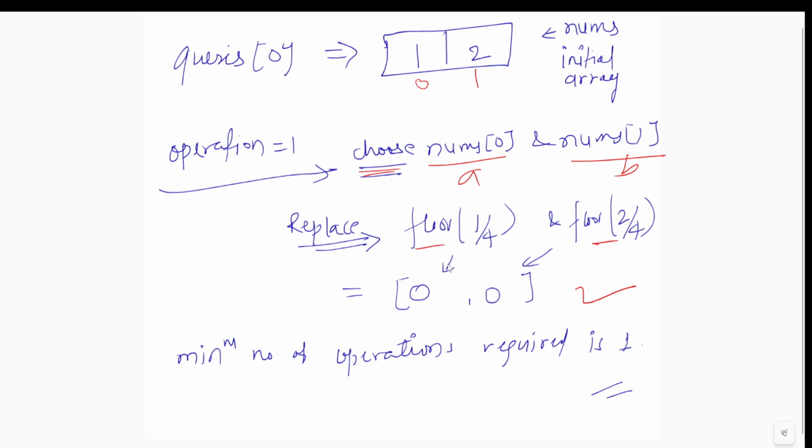When we get the float value 0 and 0, in that case we are done. We don't need to do anything further, because this is our minimum number of operations required to make the array zero, right? Queries at 0, for this query the answer is 1. Let's talk about queries at 1.